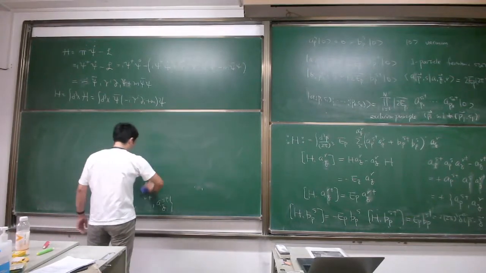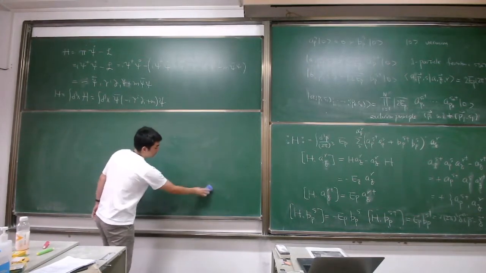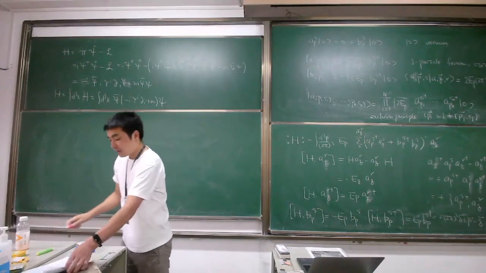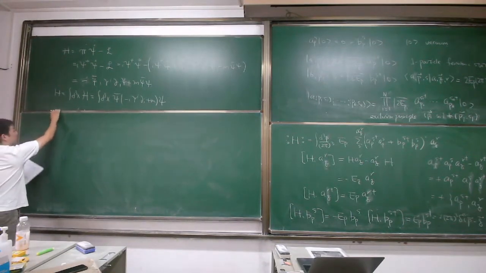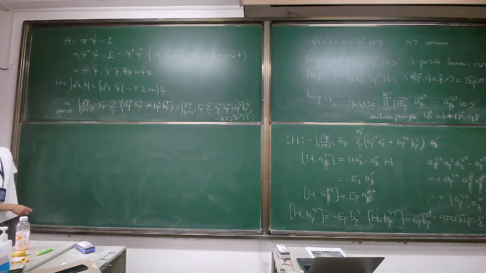To distinguish these two, we have to find the quantum number, but that's super easy because of the Dirac theory.